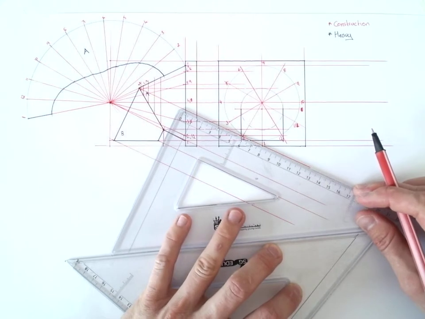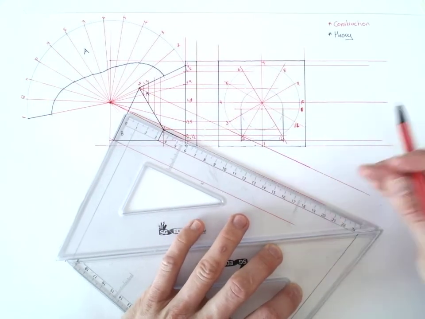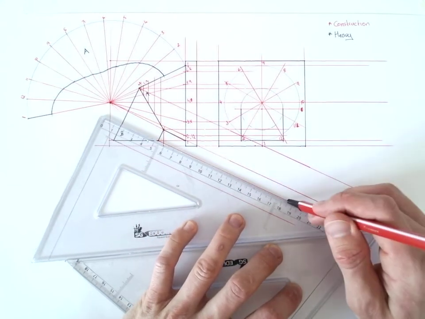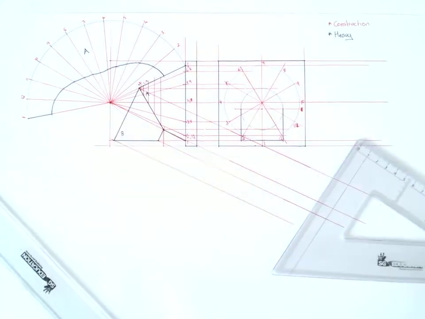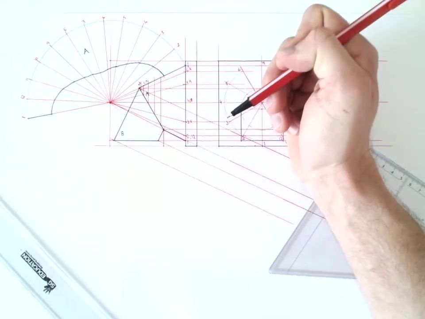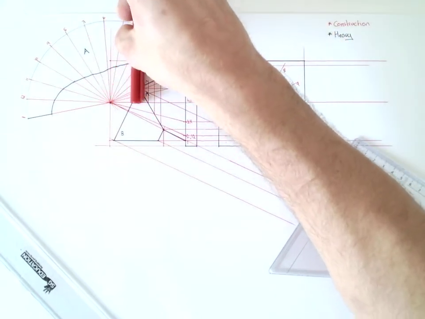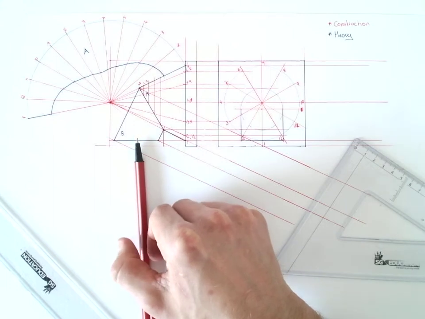To develop a cylinder, you need to 60-30 the plan of it, and mark that off 12 times. But what we don't have is a plan. If we were to look vertically down, we wouldn't be getting a true width.